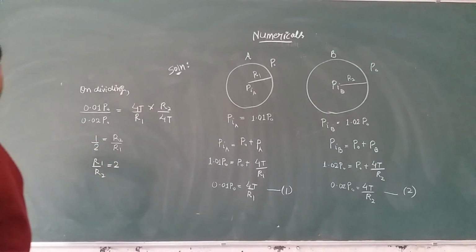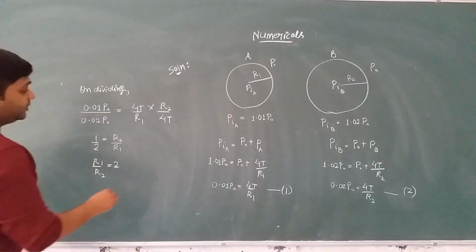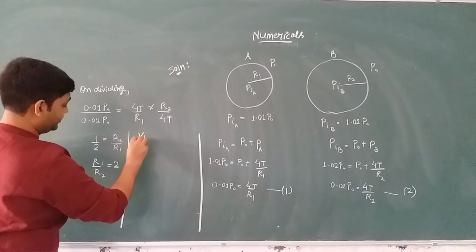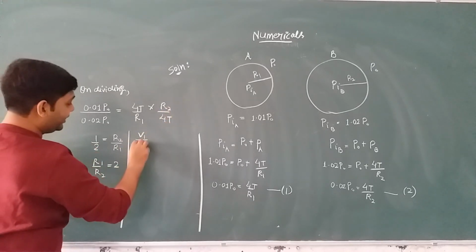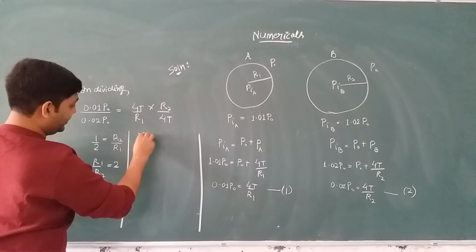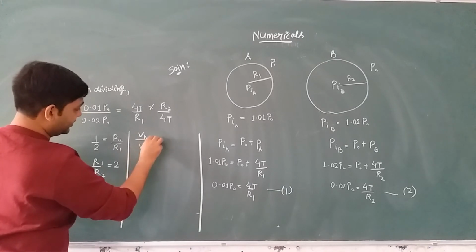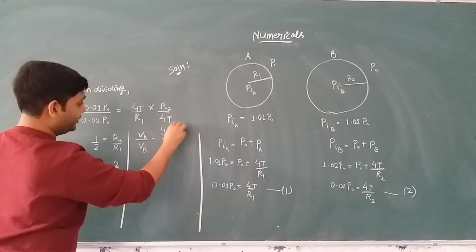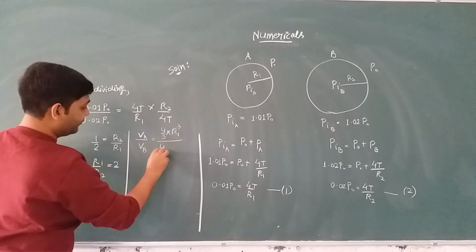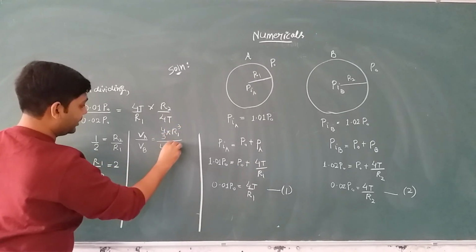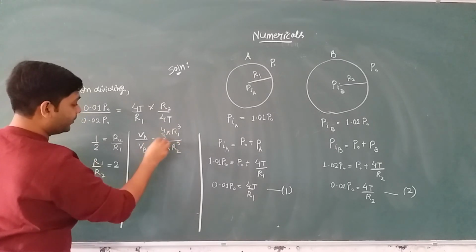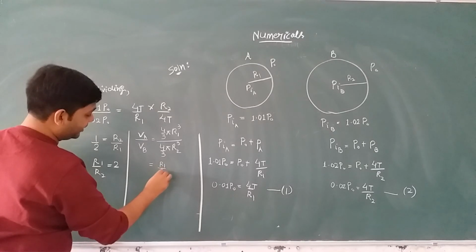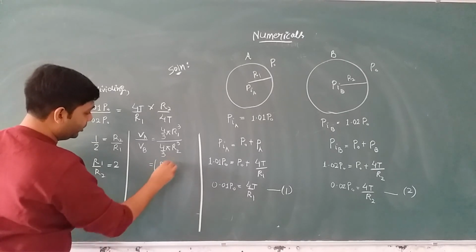Now we have to calculate the ratio of their volumes. So VA upon VB is equal to 4 upon 3 pi R1 cube upon 4 upon 3 pi R2 cube. The 4 upon 3 pi gets cancelled out, and we are left with R1 upon R2 whole cube.